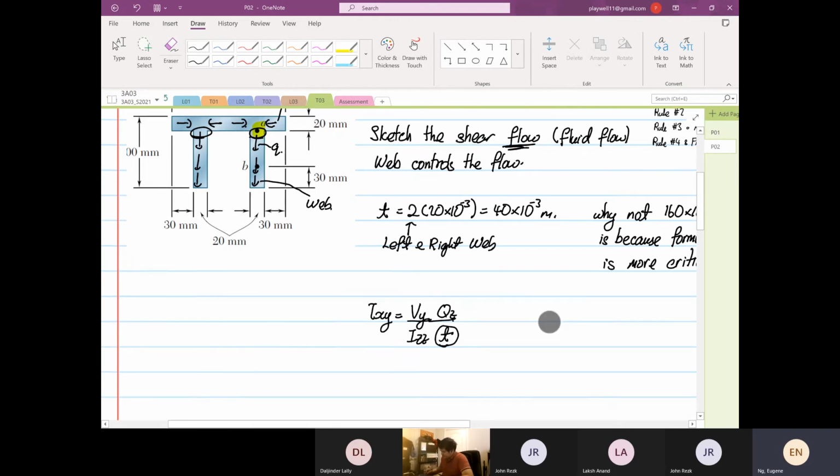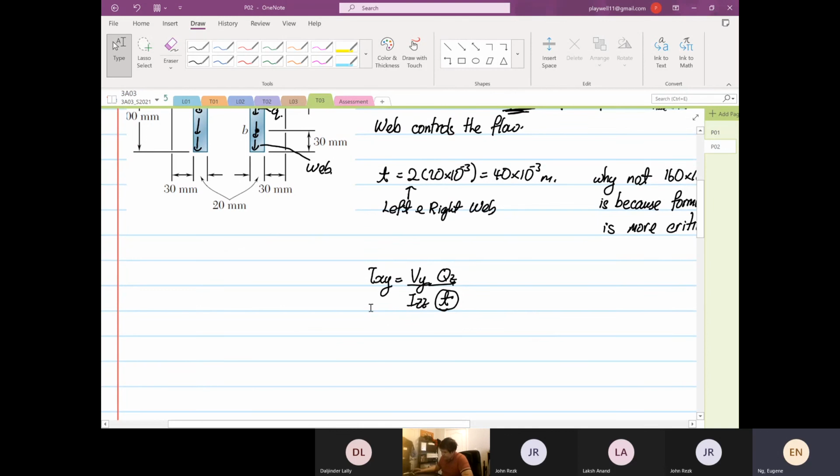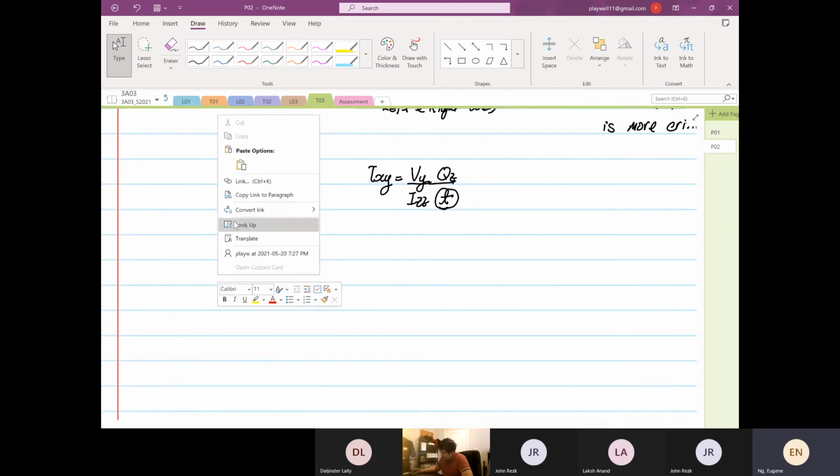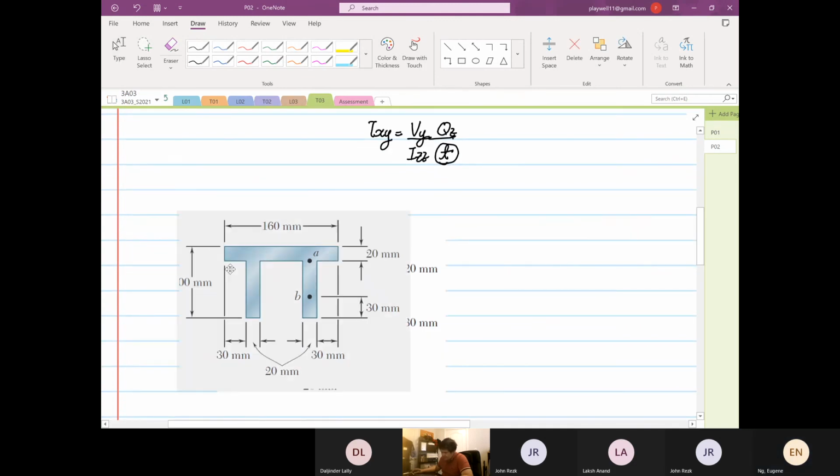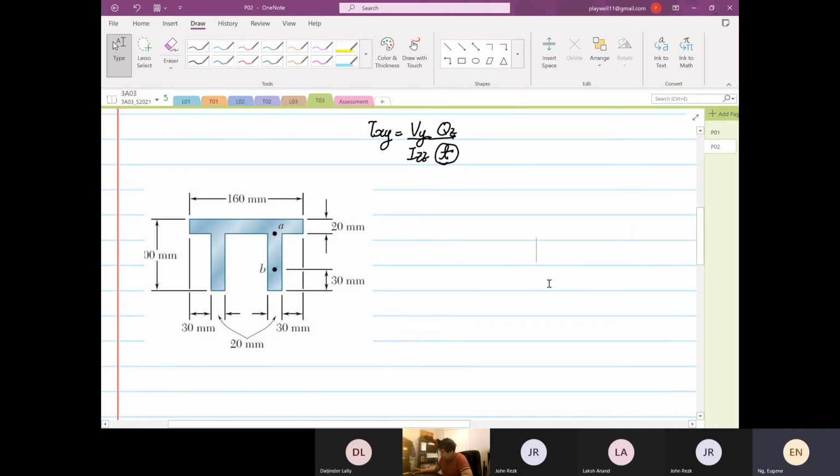Okay. Now, the more difficult part is what is the first moment of area. So we already sorted out the thickness. For the first moment of area, we know that our centroid is here, roughly.